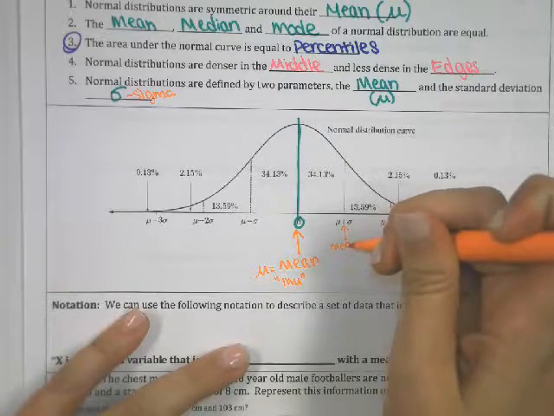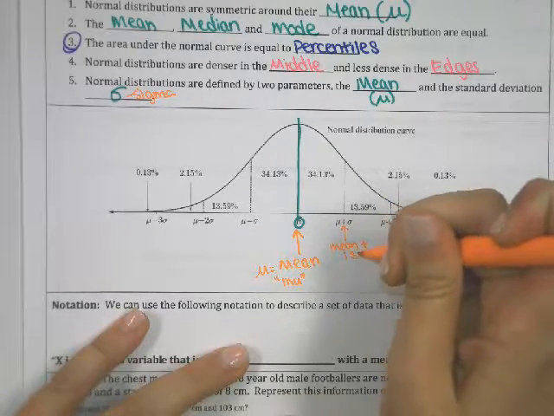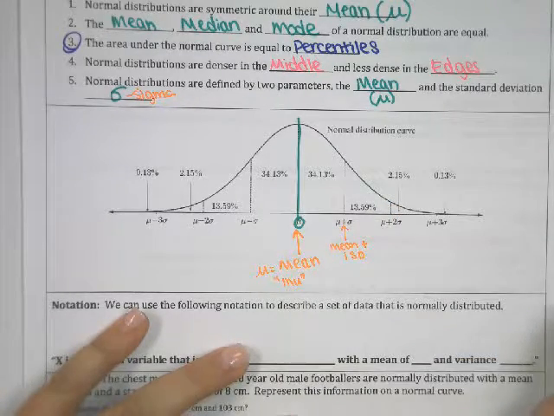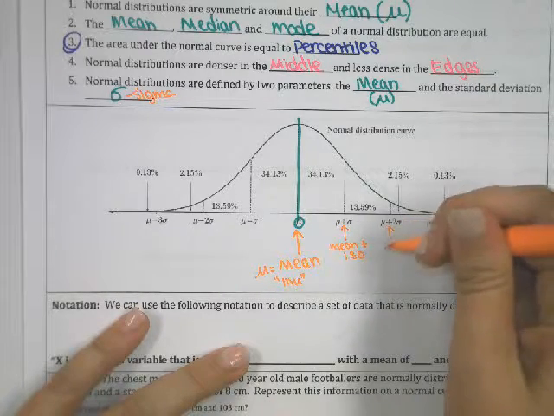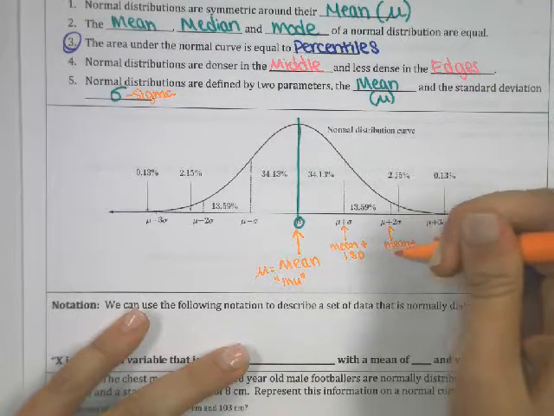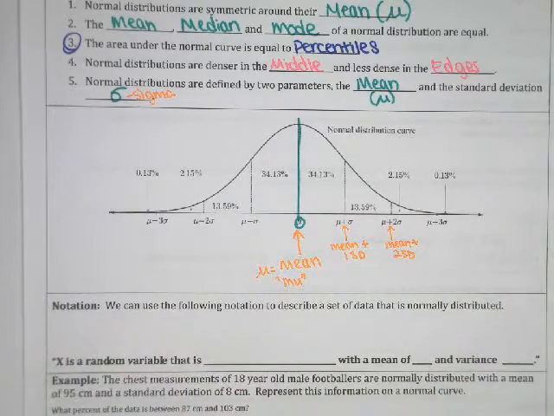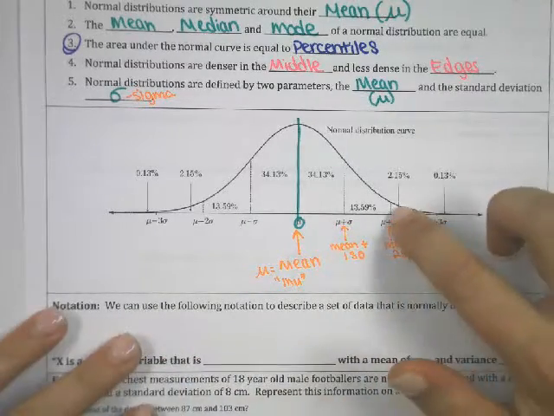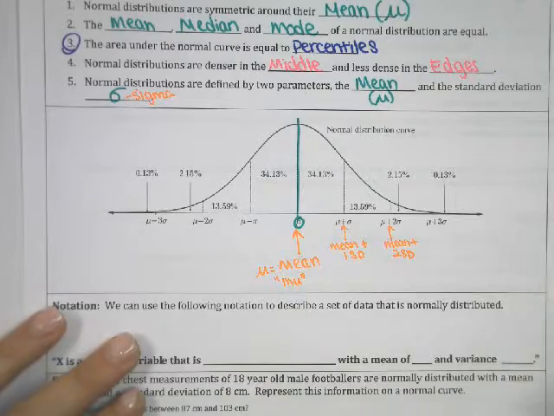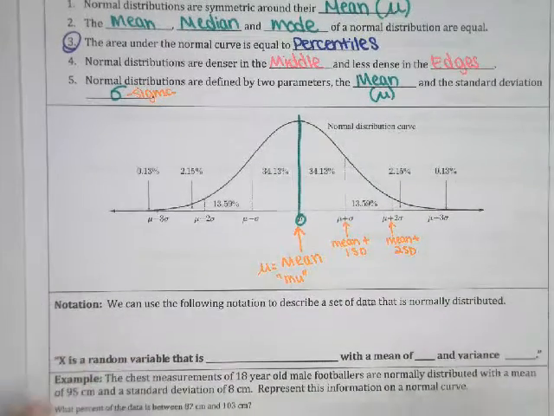So this is the mean plus one standard deviation. Okay? This is the mean plus two standard deviations. So once you're two standard deviations away, your data is getting pretty scarce. Less and less and less.